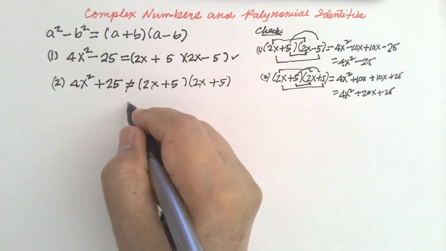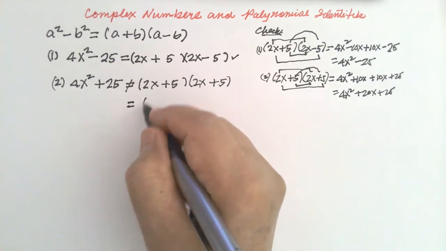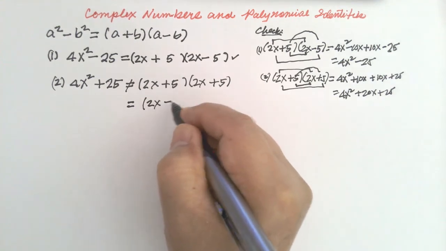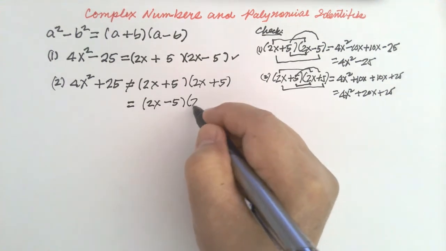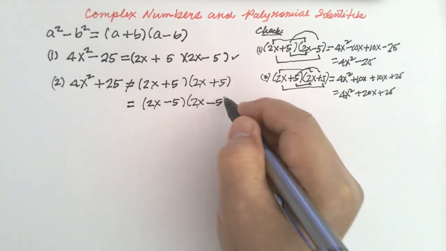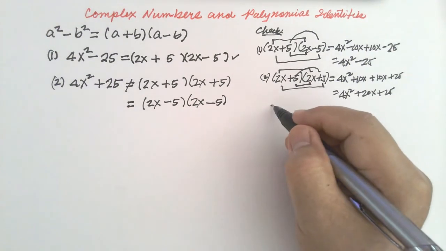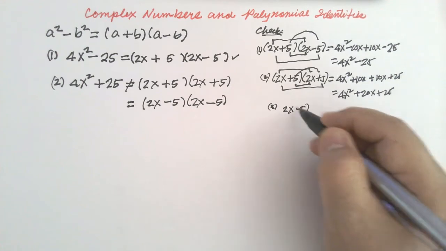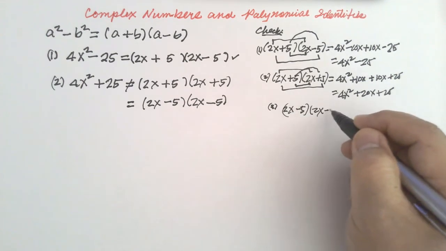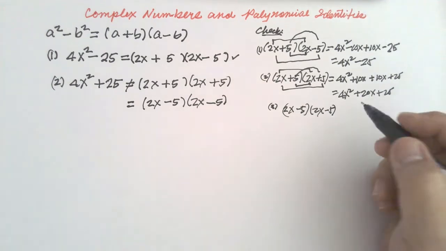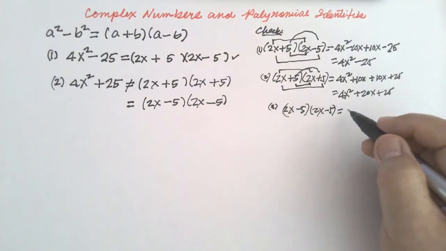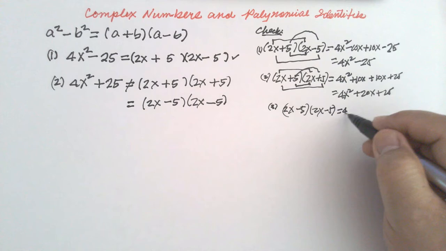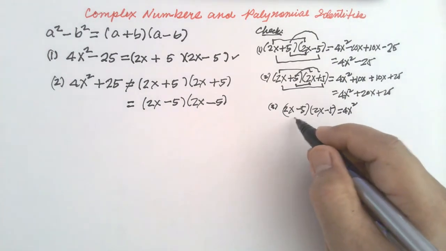They're wrong. Let us try 2x minus 5 times 2x minus 5. Let's check. First term times first term, 4x squared.